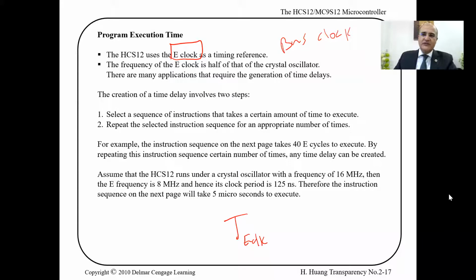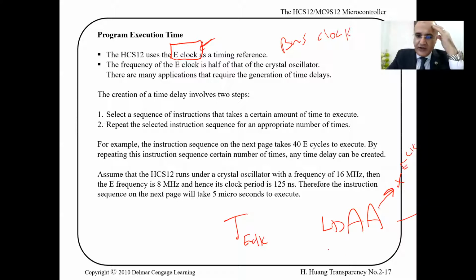Let me share again. Okay, so you see my slides, everybody. So in HCS12, there is a clock called the E-clock, which is the timing reference. Every instruction, for example load accumulator A with something, consumes X E-clocks.